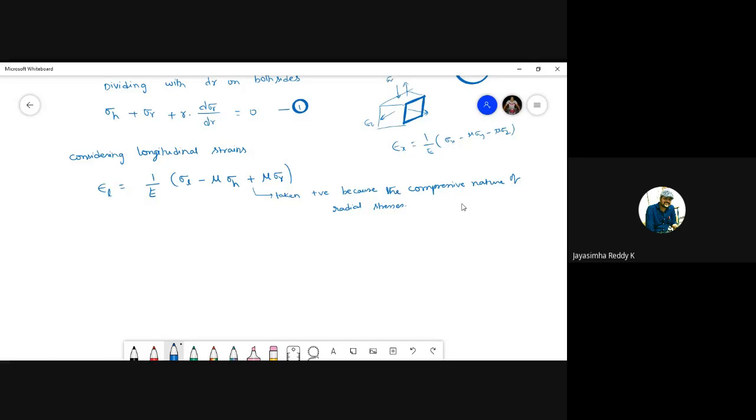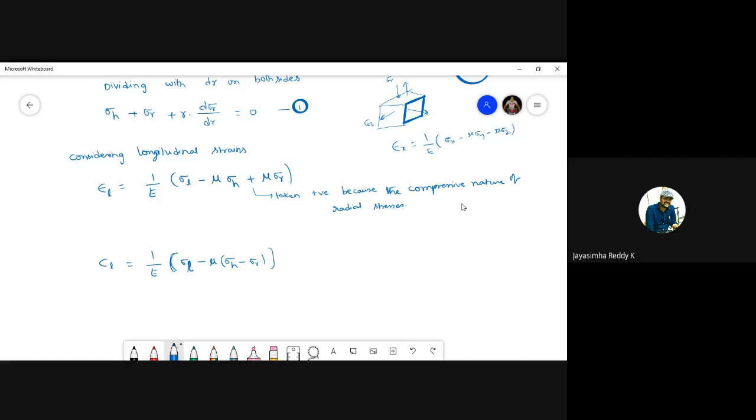So this epsilon L, the longitudinal strain, can be written as 1 by E into sigma L minus mu common, if you take mu as common, sigma H minus sigma R. Is it okay, students? This is sigma L, right?